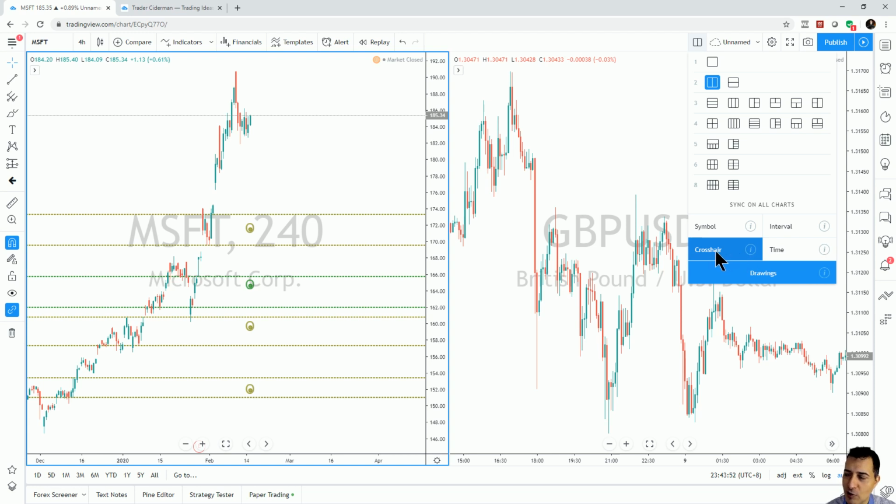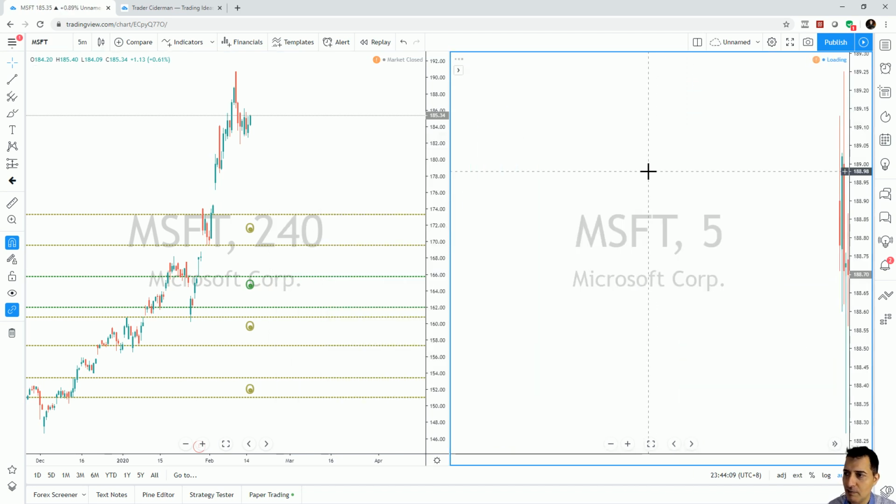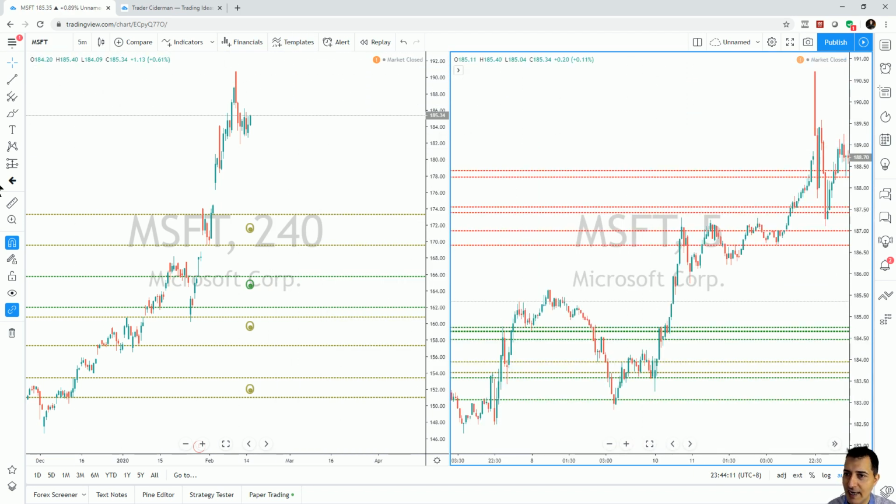Okay, same with the crosshair. I may want my crosshair to show in both charts, or I may want my crosshair to show only in one of the charts. Same with the drawings. So for example, let's go back to Microsoft in both. So earlier we said, maybe one of my favorite tools when I draw is the long and short tool.